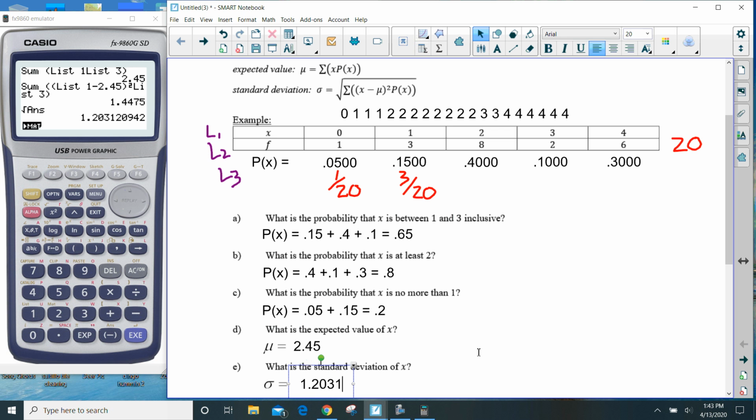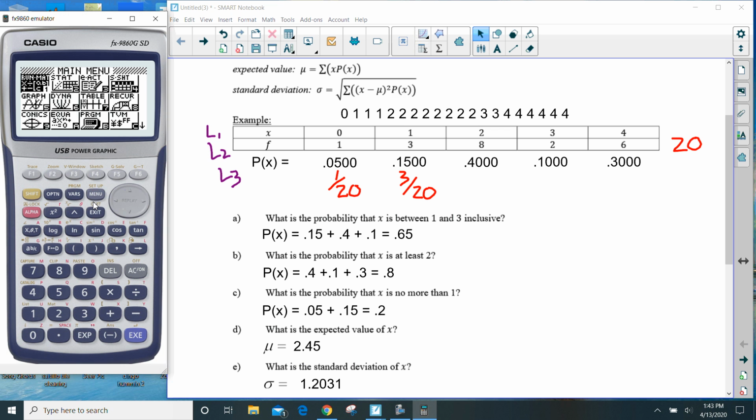Now, again, it's really easy when you have a calculator that has the ability to enter lists and things like that. It makes things way easier. But again, what if we don't have that situation? What if we're not blessed with this calculator and you're just using the calculator on your phone or something like that? Well, let's go ahead and take a look at that.